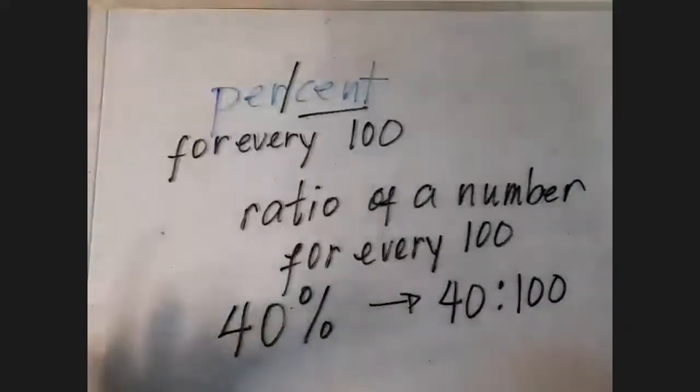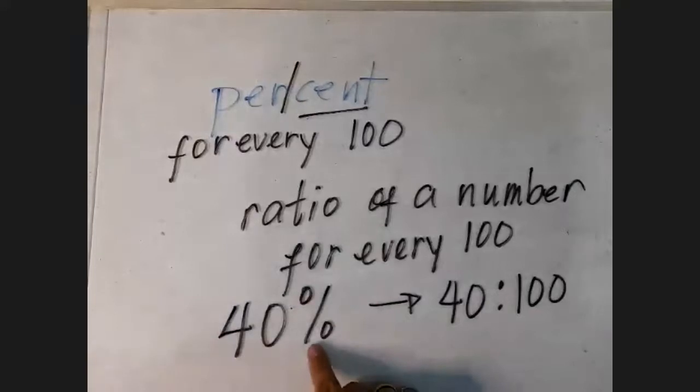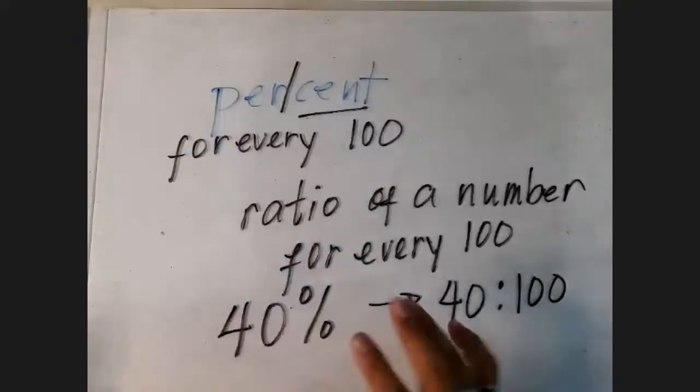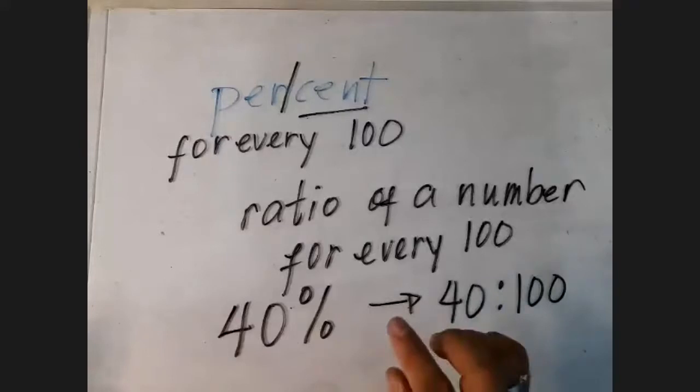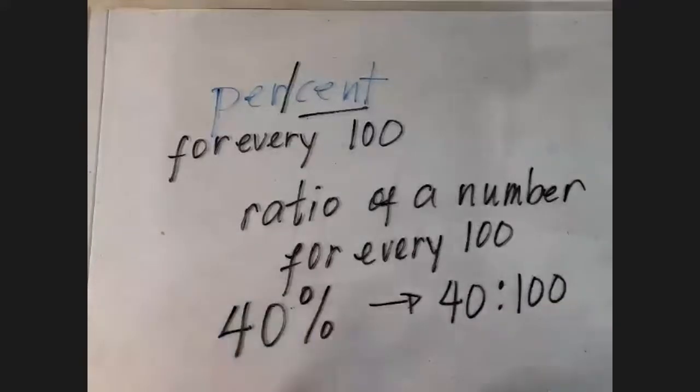Pero dito sa video na to, I will show you a solution that we will not make use of the percent symbol. So hindi tayo mag-change ng percent to decimals or decimals to percent. Okay? So let's have our prerequisite. Before you start solving any word problems involving percent, ano yung unang-unang dapat ninyong gawin?